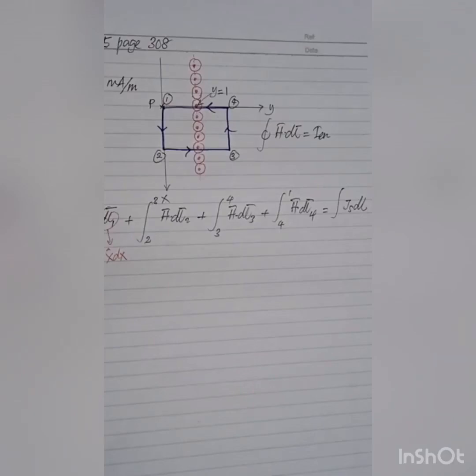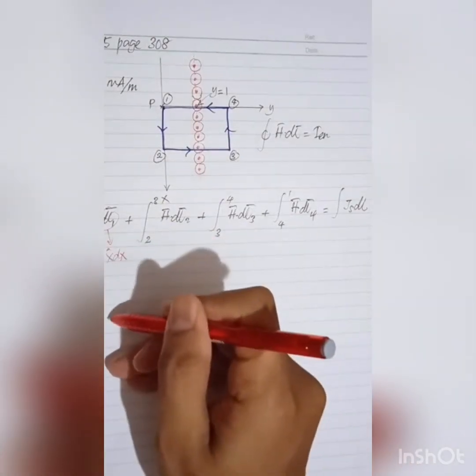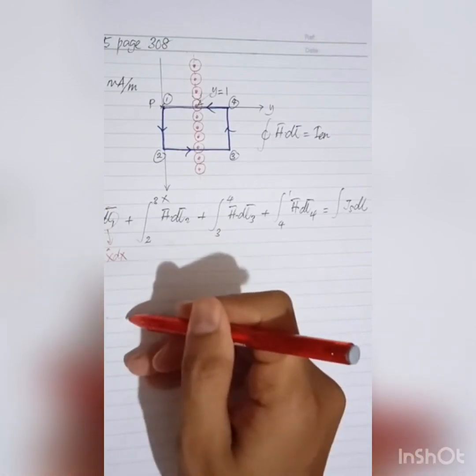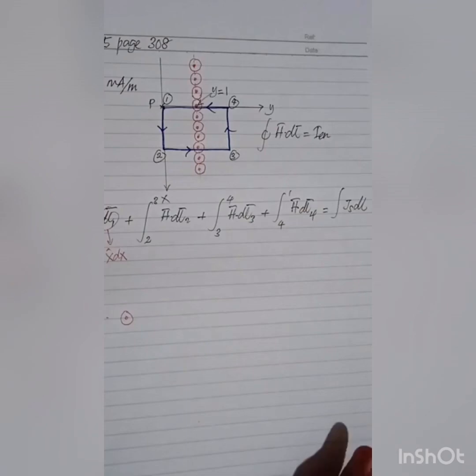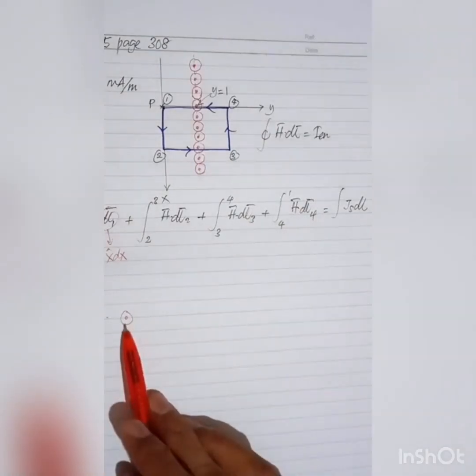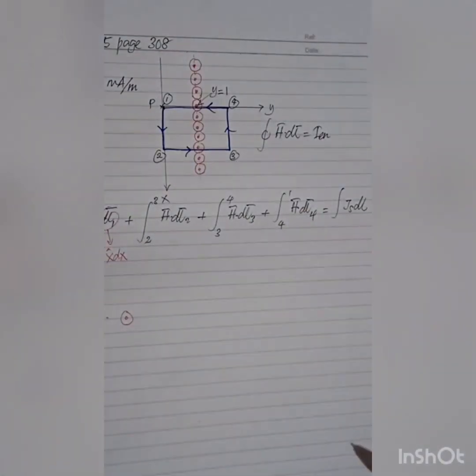Let's take a few examples of line current. Let's say this is my first line current, right? If you use the right hand rule, this line current becomes your right hand thumb, and your other right hand fingers will represent the H direction.